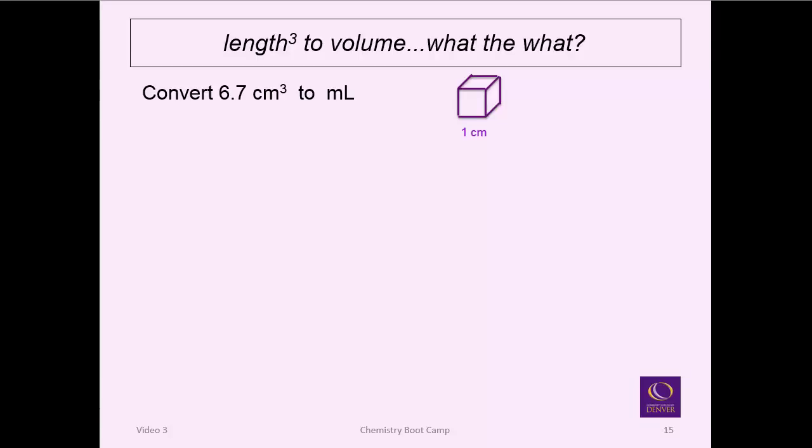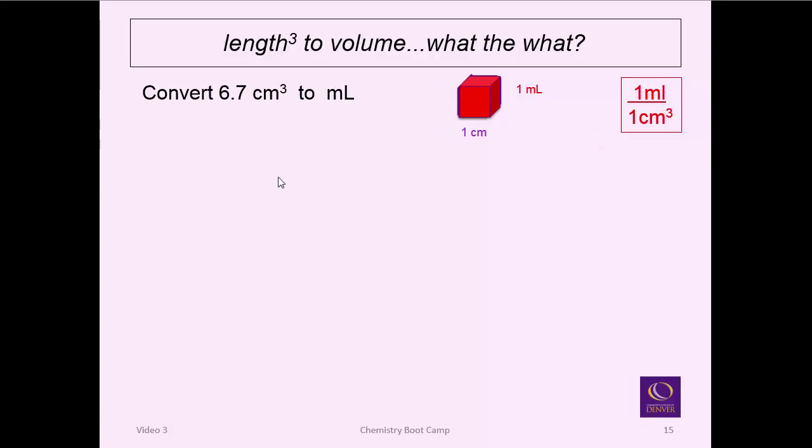In the metric system, if I was to fill that with fluid, exactly 1 mil would occupy that volume. And so this is a standard conversion factor that's unique to the metric system: cubic centimeters to mils, or cubic length to volume. So whenever you have to make that connection, always go back out to cubic centimeters or mils to get from one side to the other.